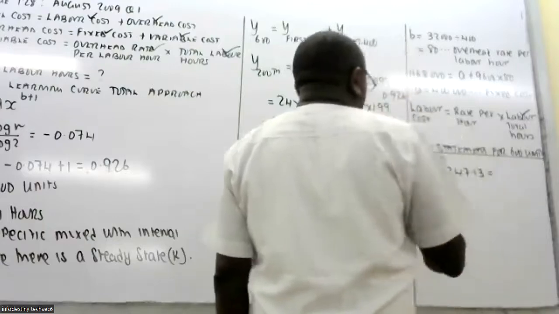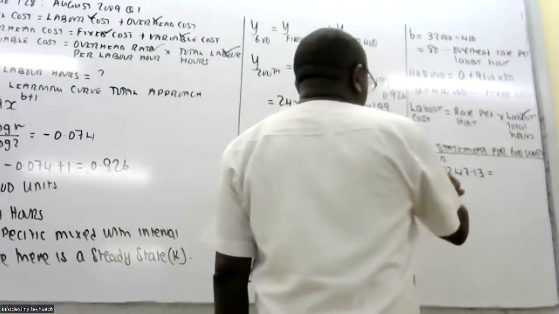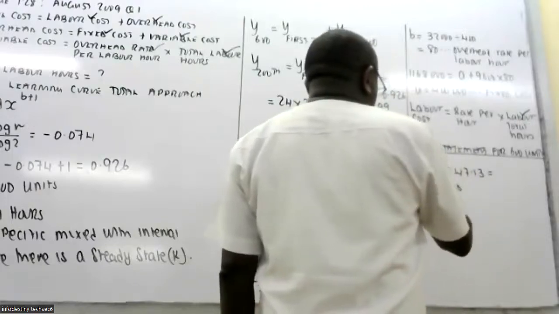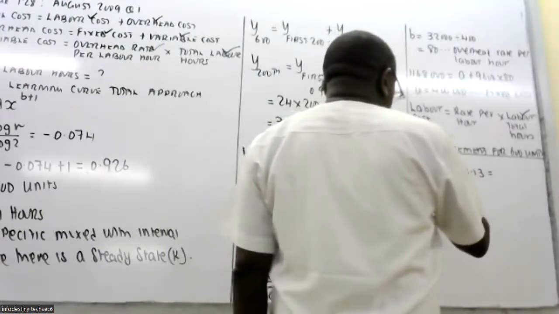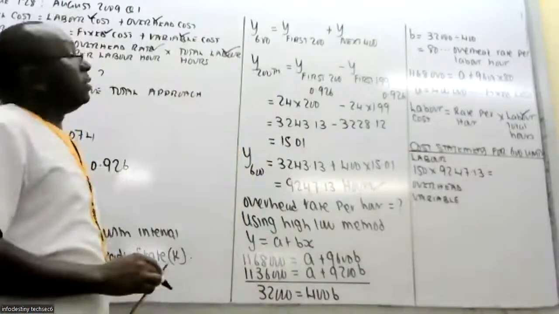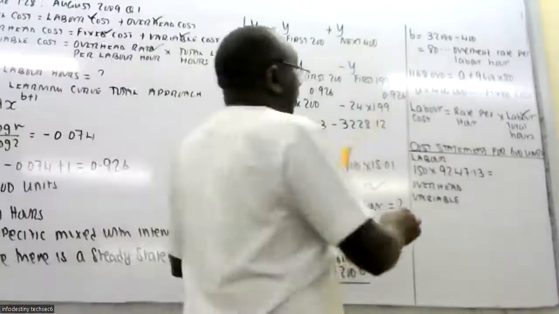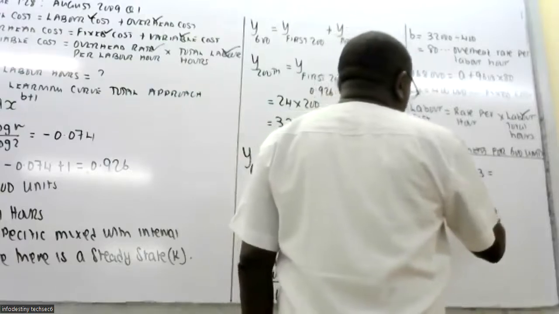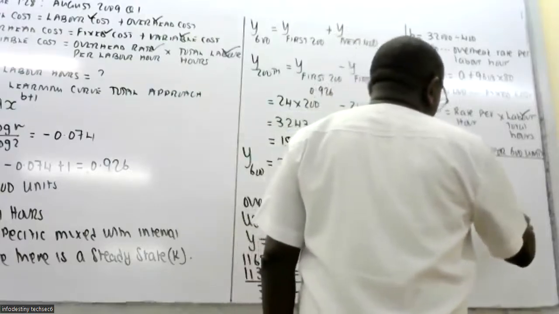You get your answer there. Then we come to overhead, and I will start with variable. I already know the rate: 80 times 9247.13.